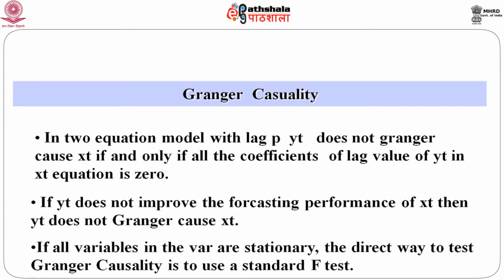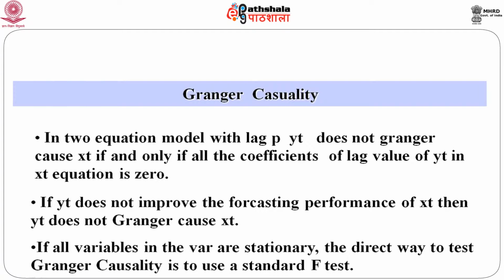To make the point clearer, let us consider our VAR example, the two-equation model that we have already been using. In a two-equation model with p lags, yt does not Granger cause xt if and only if all the coefficients of the lagged values of yt in the xt equation are 0.